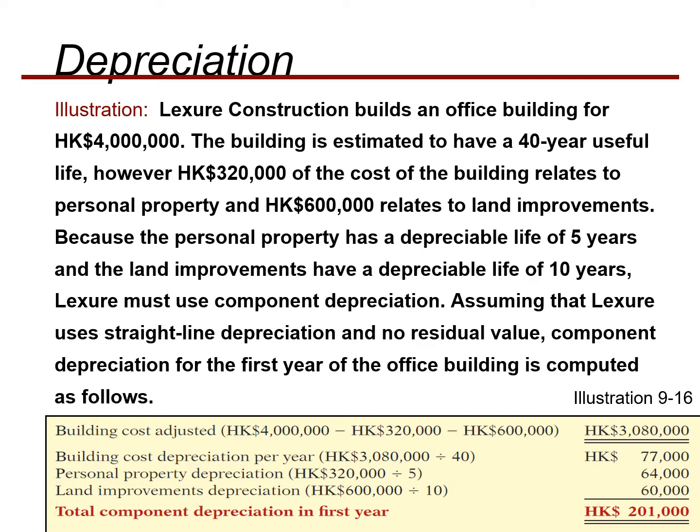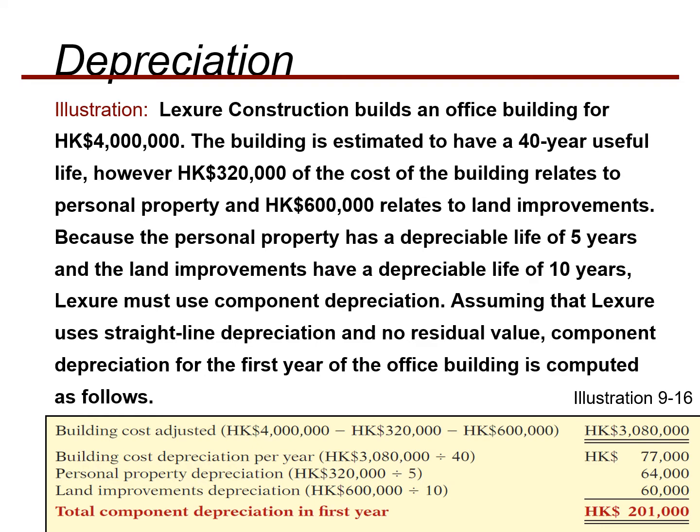Building cost adjusted is 4 million minus 320,000 and 6 lakhs, that is 3.08 million. Building depreciation per year is 3.08 million divided by 40, because it has a 40-year useful life, and the per-year depreciation is 77,000.